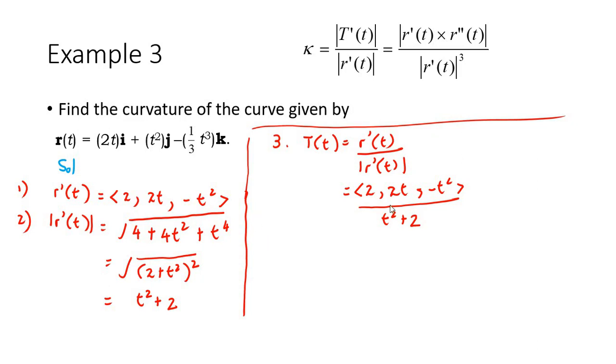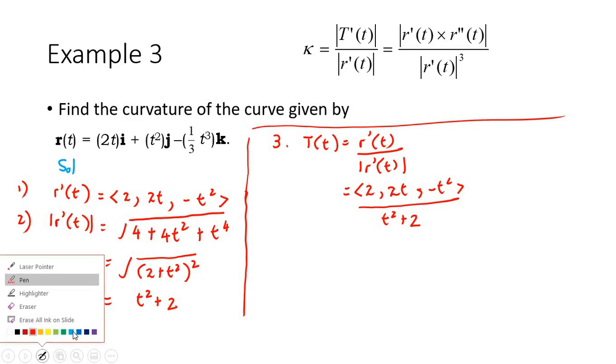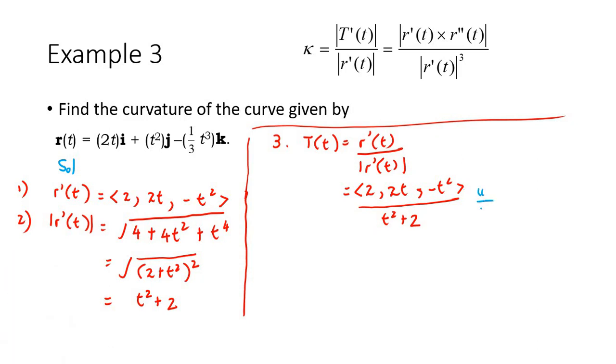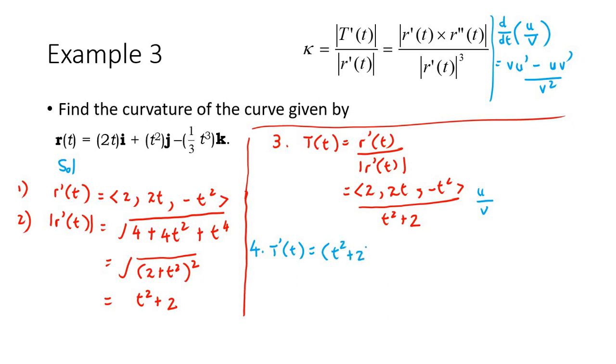Because we have to use the quotient rule to do the differentiation. In this case, we have the u over here, and then we will calculate the derivative of u over v, which gives v u prime minus u v prime, divided by v squared. So for T prime t, we have the v, which is t squared plus 2.